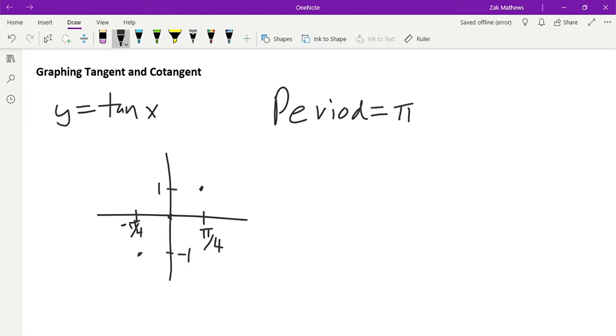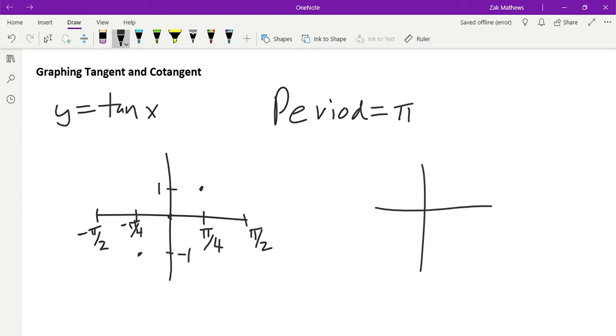So those give me a couple of nice pretty values to work with, kind of the same way we did for sine and cosine. And then we have another known, which is that at negative pi over 2 and pi over 2, tangent is undefined. We can't find the tangent at those values. If we think about why that is the case, well, tangent is the ratio of y to x.